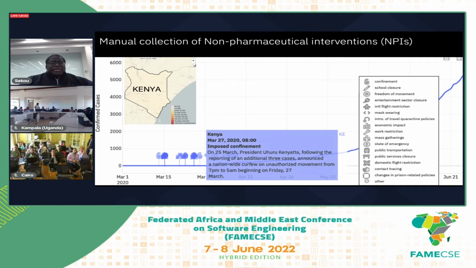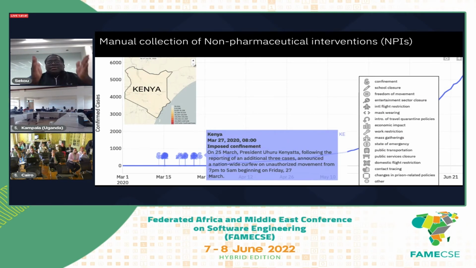For example, looking at the blue box, on March 27th, 2020, the President of the Republic of Kenya implemented, following the reporting of an additional 3 cases, meaning this was at the beginning of our journey in this COVID case, a nationwide curfew on unauthorized movement from 7 p.m. to 5 a.m. So in essence, this is an example of a non-pharmaceutical intervention.